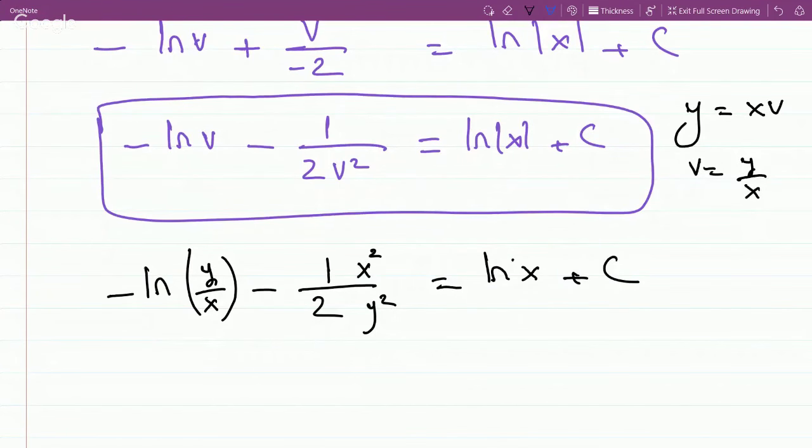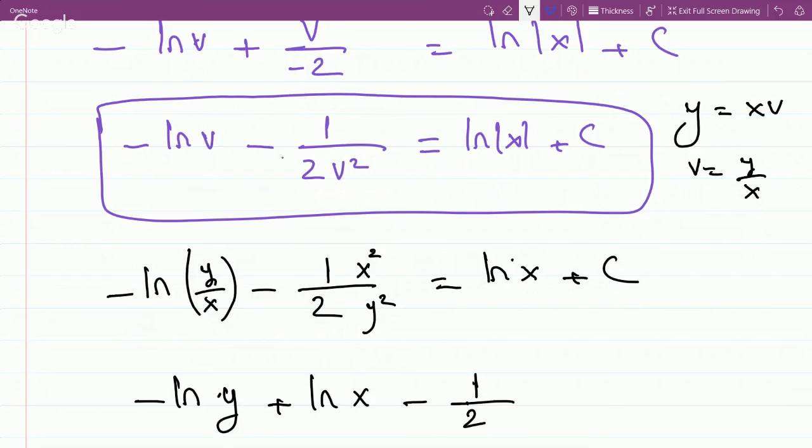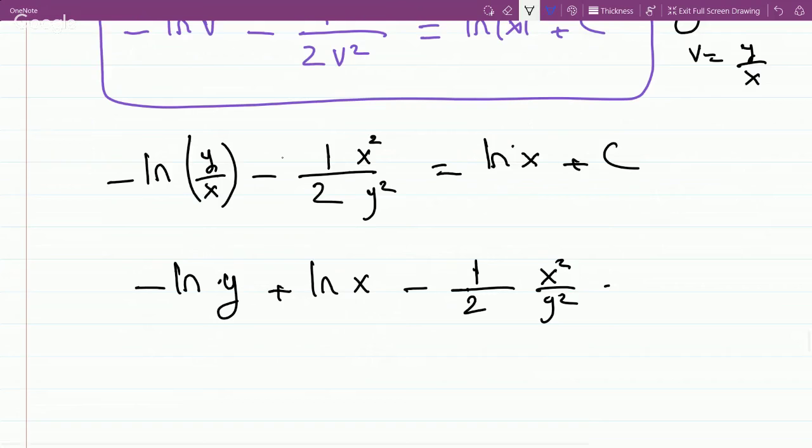Here we can put these two ln's apart. So this is minus ln y plus ln x, minus 1 over 2 x squared over y squared equals ln x plus c.